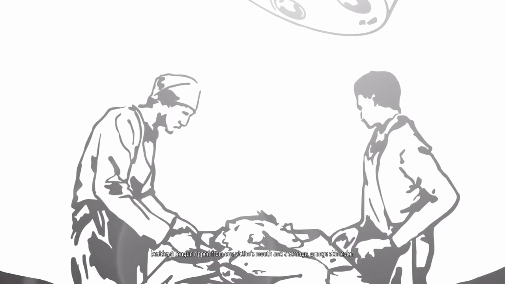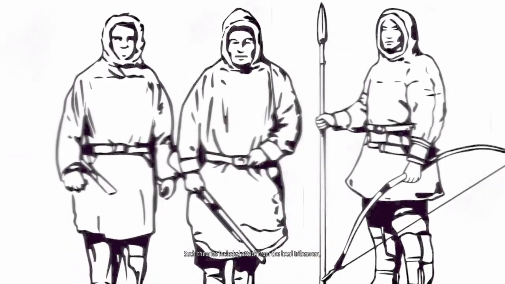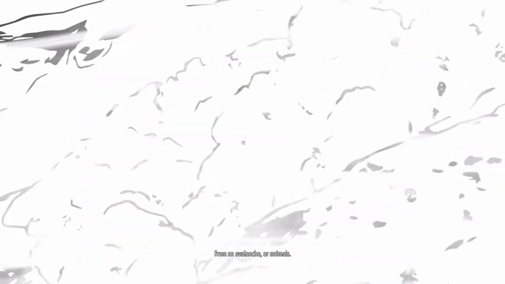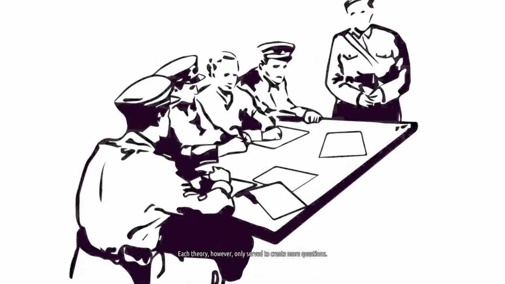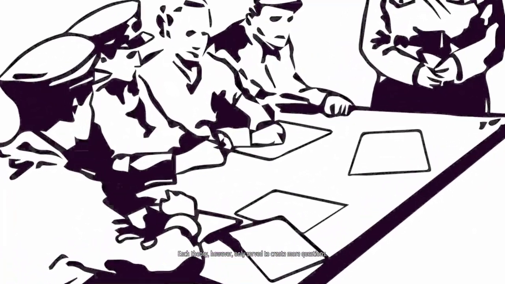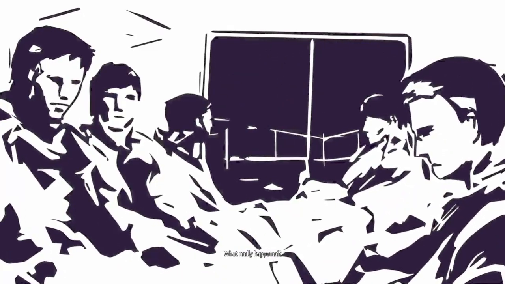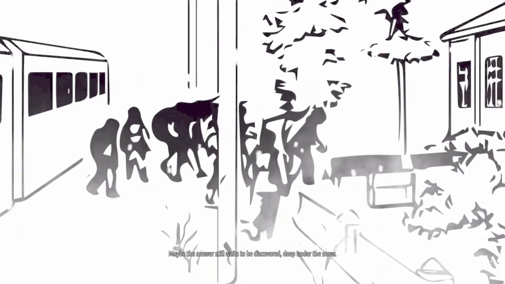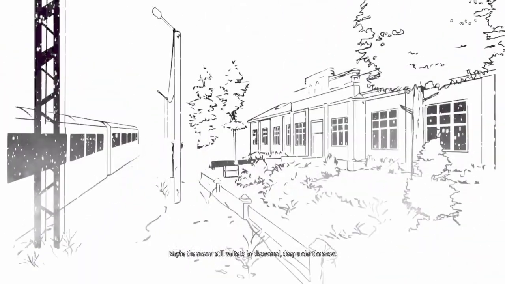No external damage nor bruises were visible, besides a tongue ripped from one victim's mouth and a strange orange skin color. Much speculation arose from these puzzling events. Such theories included attack from the local tribesmen, from an avalanche, or animals. Each theory, however, only served to create more questions. The truth behind this tragic course of events remains unexplained to this day. What really happened? Maybe the answer still waits to be discovered, deep under the snow.